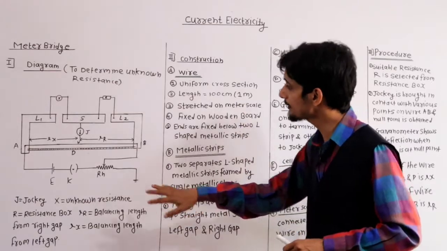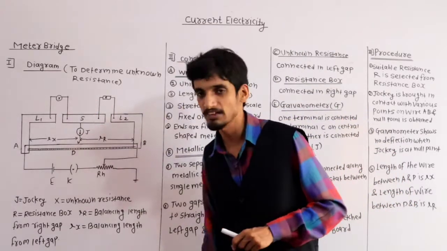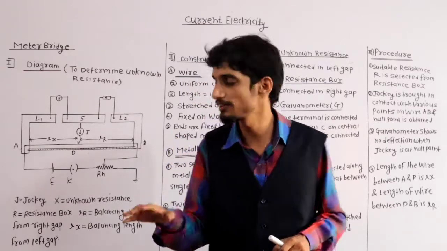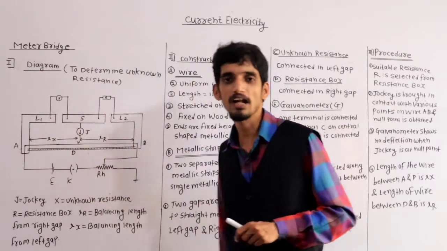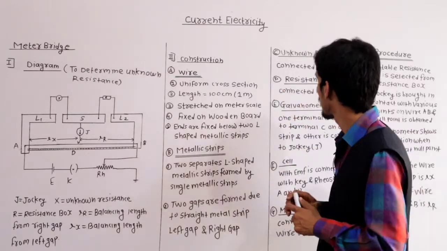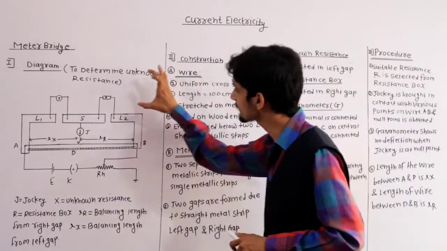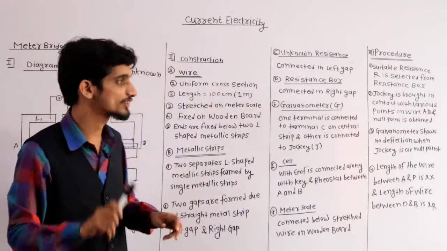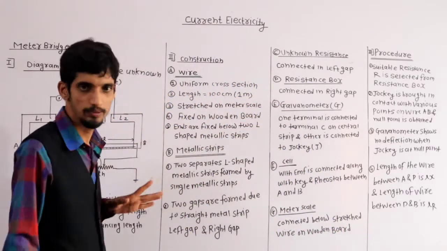Due to that straight metal strip S, there is a formation of two gaps. What are the names? This is a left gap, this is a right gap. Okay, now third, the unknown resistance is connected in which gap? In the left gap, and the resistance box is connected in the right gap.